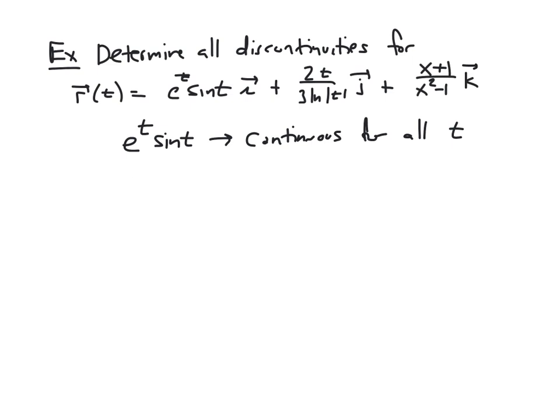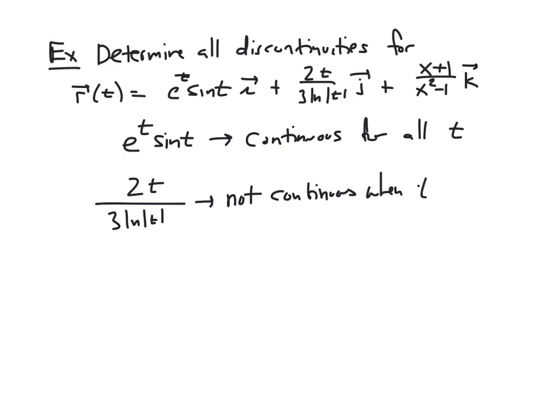So now we consider the second component, 2t over 3 natural log of absolute value of t. This particular function does have some values where it's discontinuous. All right, so let's go through and look at what could go wrong. There's no problem with the 2t or with the 3, so we can ignore those.